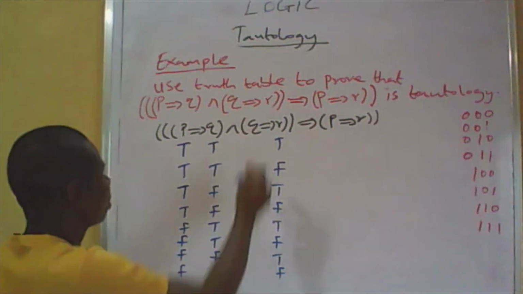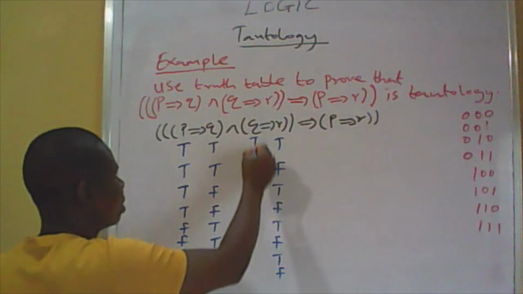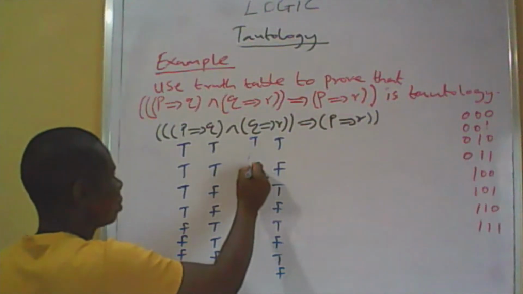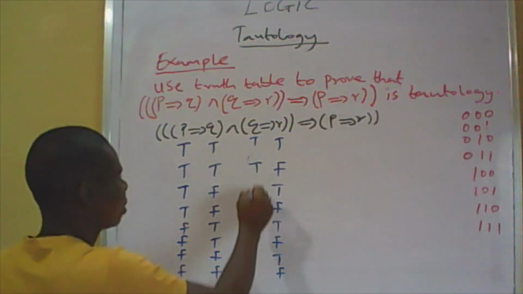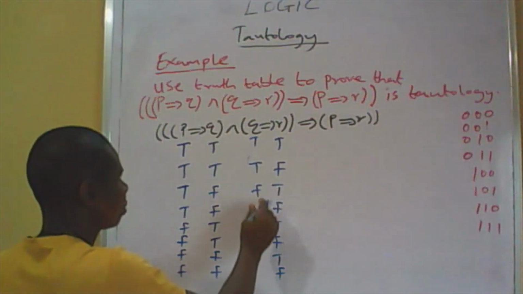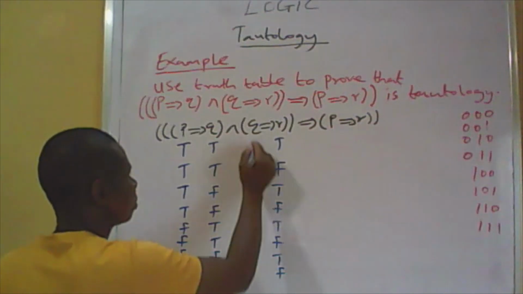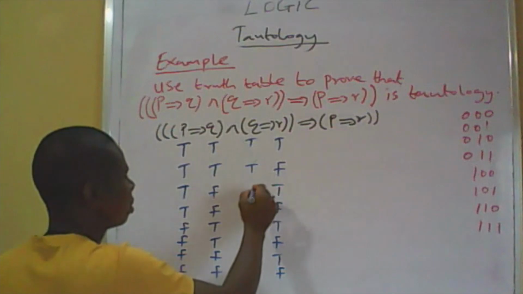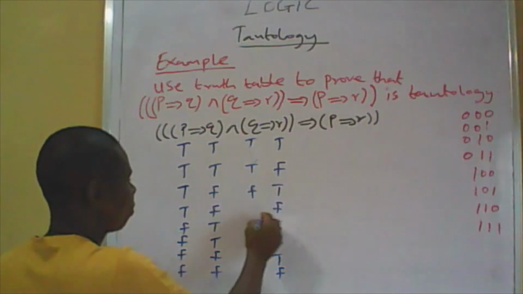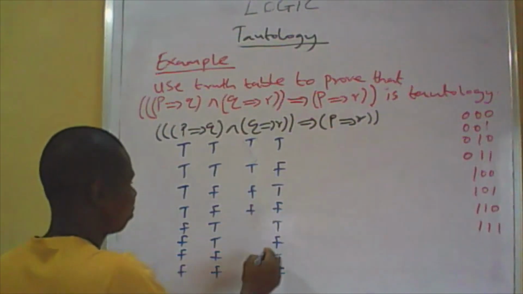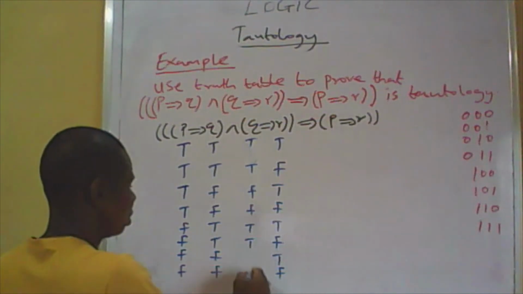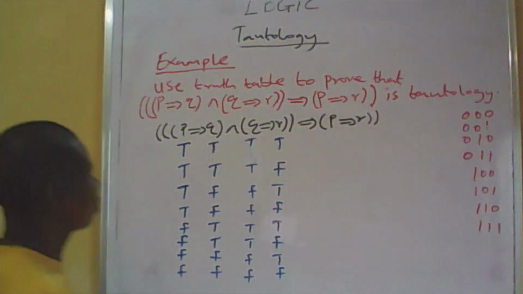Under this Q, we have T, T, T, T, F, F, T, T, F, F. Very good.